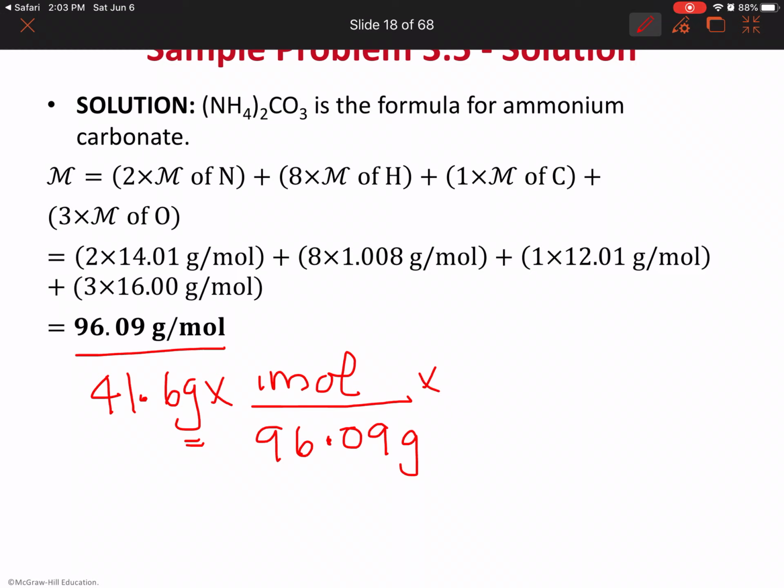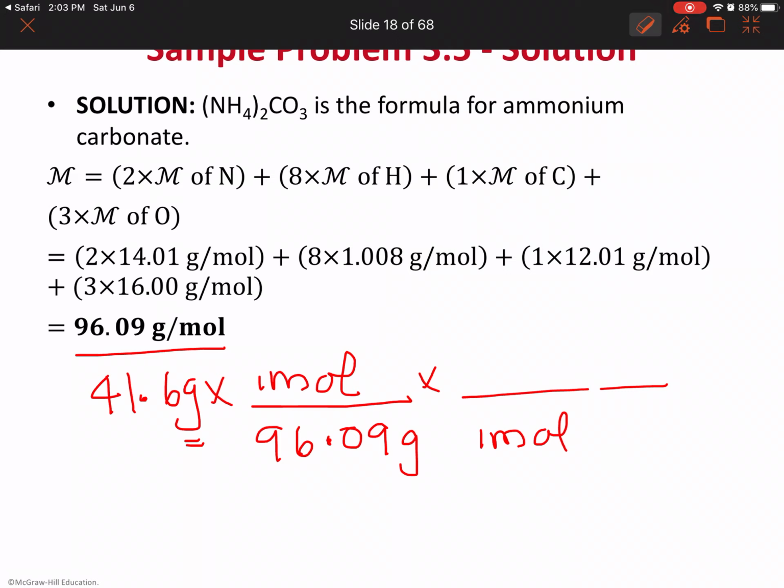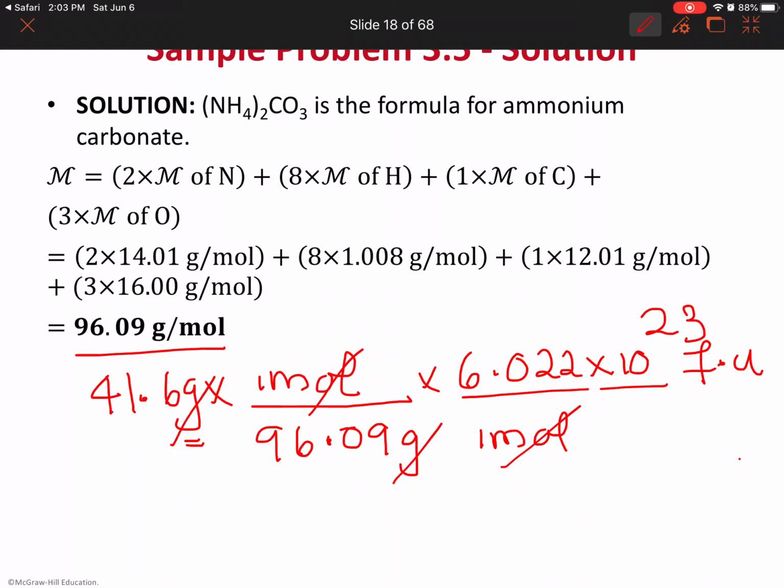We want to find out the formula units. So 1 mole contains how many formula units? Avogadro's number of formula units, 6.022 × 10^23 formula units. So you can see grams to grams get cancelled, moles to moles get cancelled.